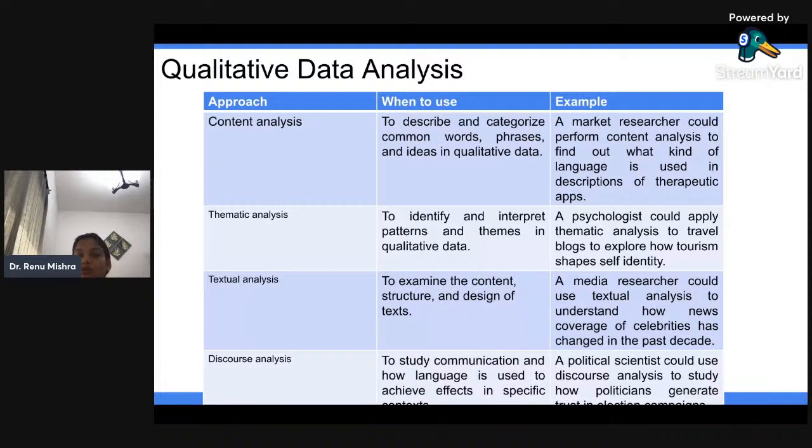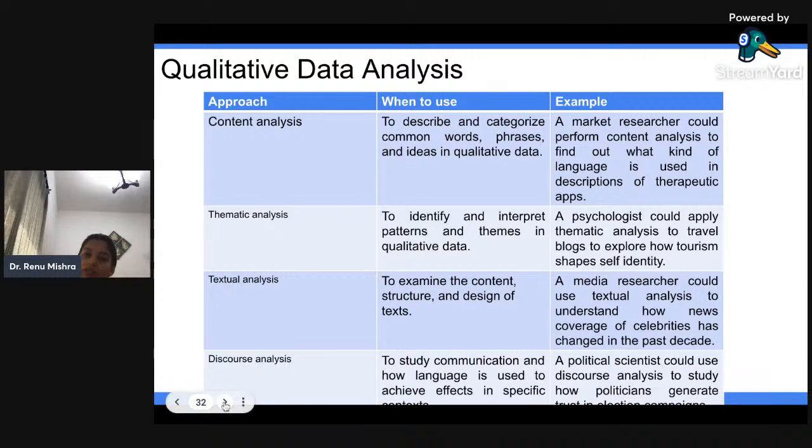Then discourse analysis. When we talk about discourse analysis, you try to understand the way communication is taking place. For example, a political science researcher tries to understand how politicians generate trust in common people, what kind of language or affirmative words they use so that they develop trust from their audience.